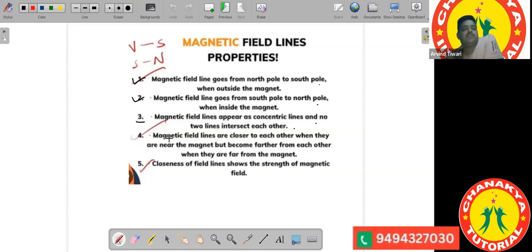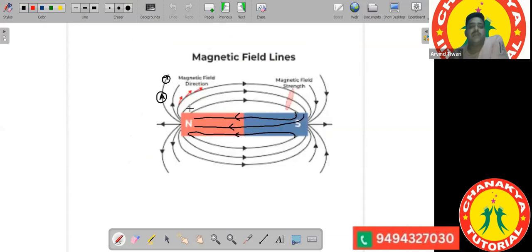Now, the fourth one: the magnetic field lines are closer to each other when they are near the magnet, but become farther from each other when they are far off from the magnet. As is relevant from the diagram, look at this area.